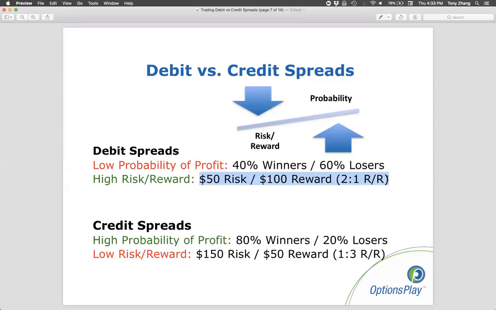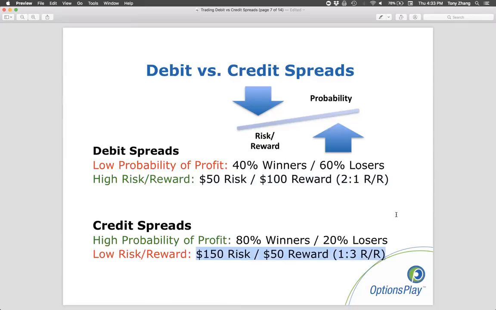When you're trading credit spreads, it tends to be the exact opposite. You tend to have a relatively high number of winners, so maybe 80% of your trades are winners and only 20% are losers, but you are risking substantially more money to try to make a smaller reward. And there's nothing you can do about it. That's just the relationship of trading.